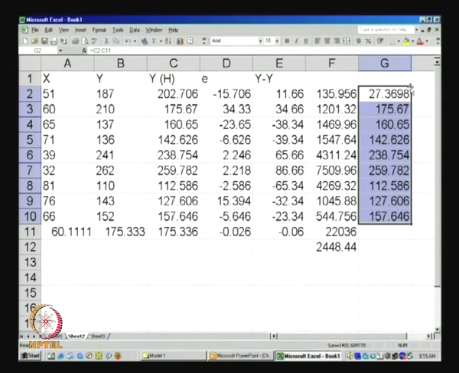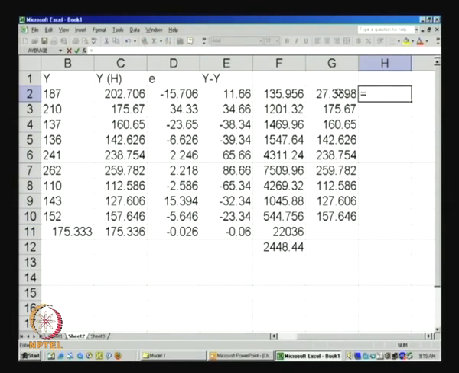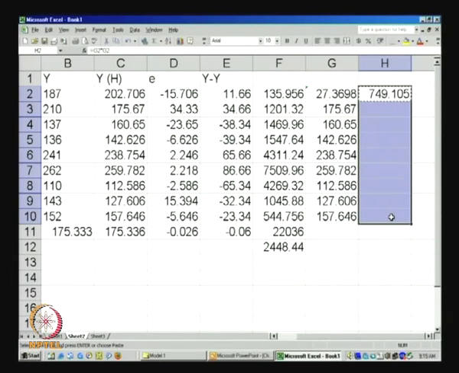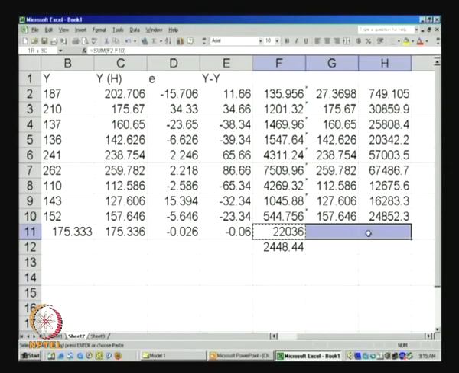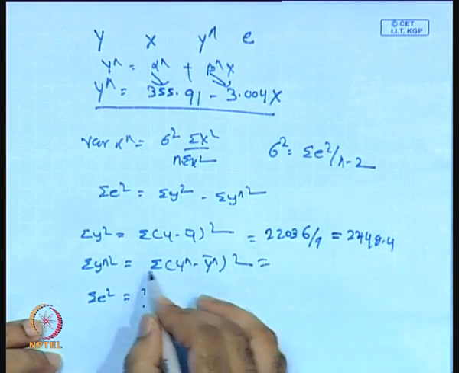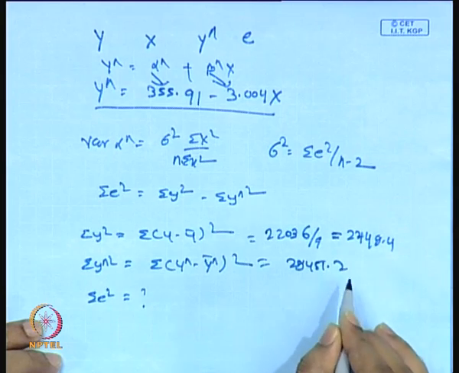Now you just go through. This multiplied by this particular item again, and it comes like this. So now summation y hat square is equal to 28451.2.